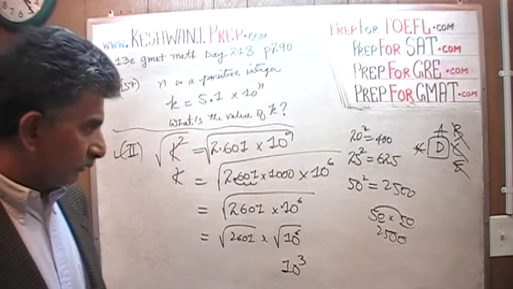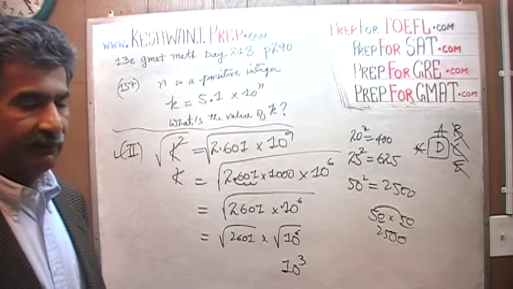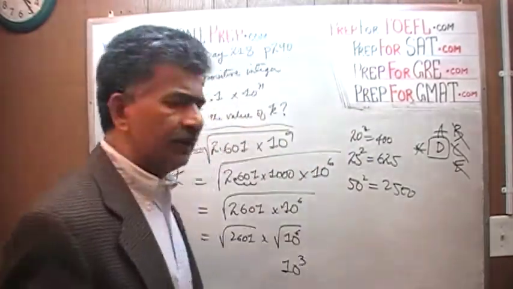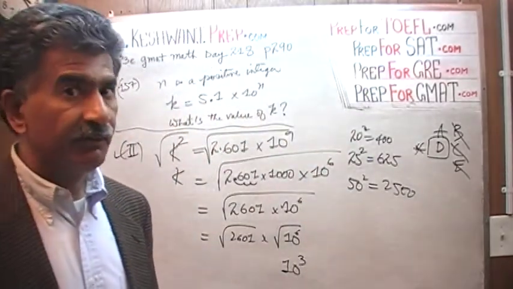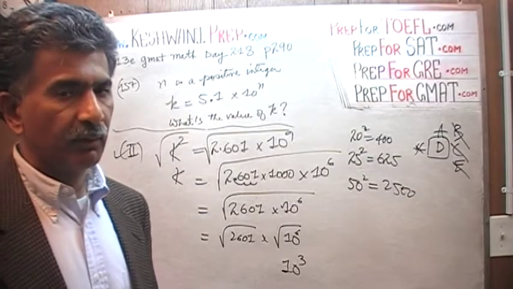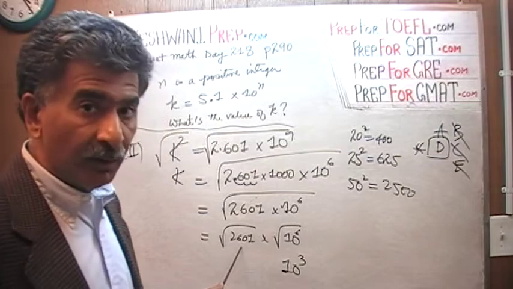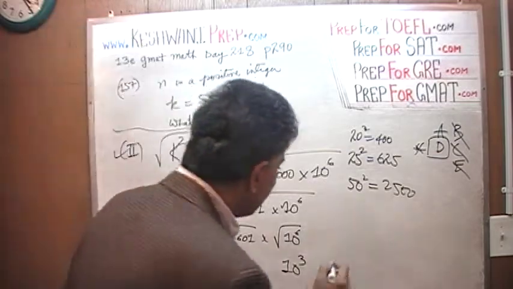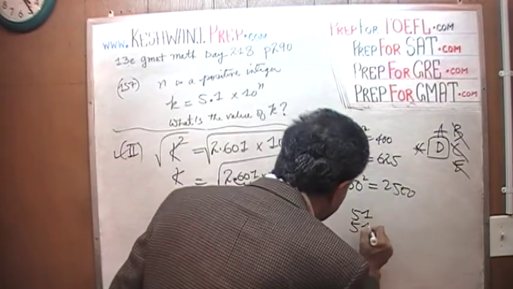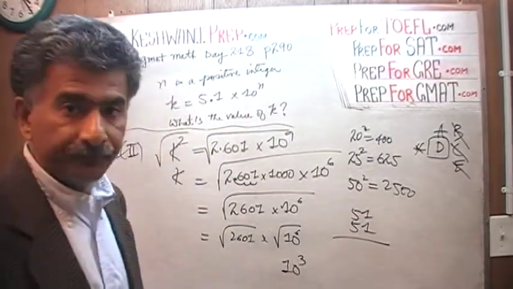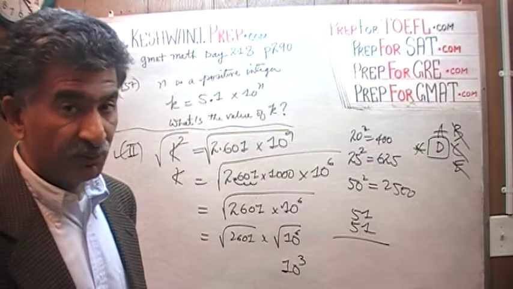So let's try, instead of 50, let's try 51. 51 times 51 and see what it works out to be. I'm very optimistic that it will be 2,601 for only one reason. If you were to multiply 51 times 51, the unit digit would have to be 1 times 1, which is 1. So the unit digit matches, which is actually a good sign.